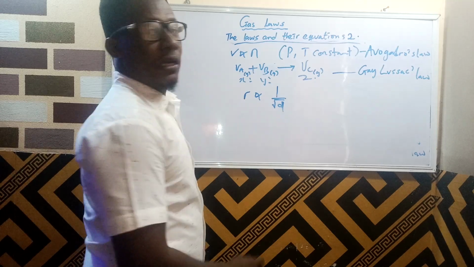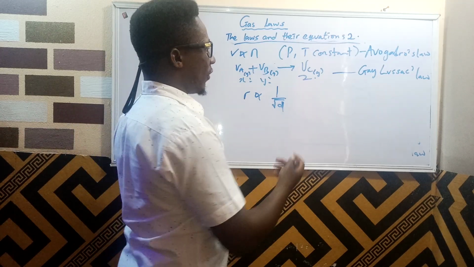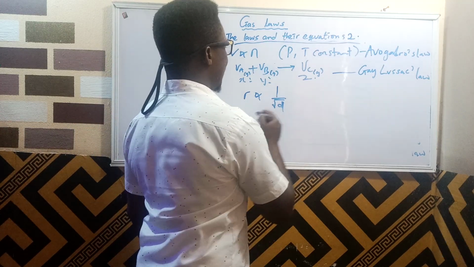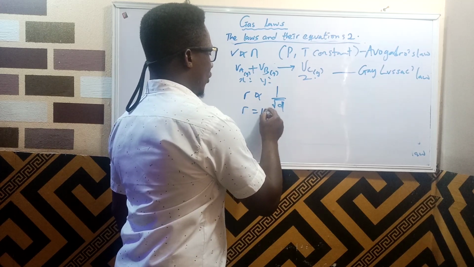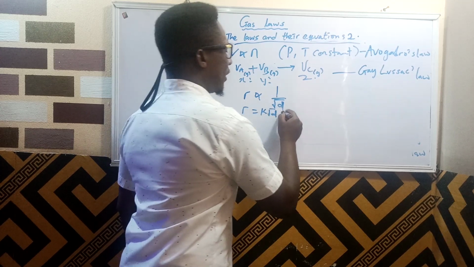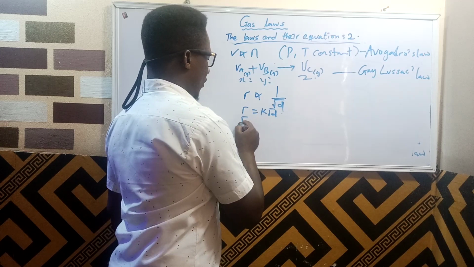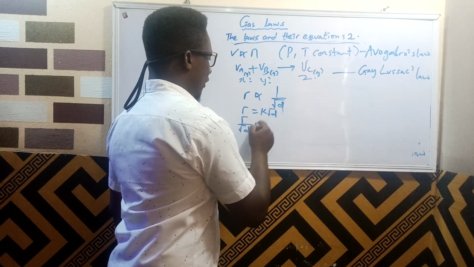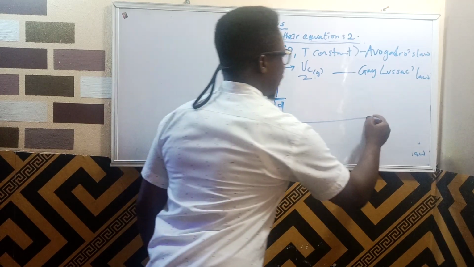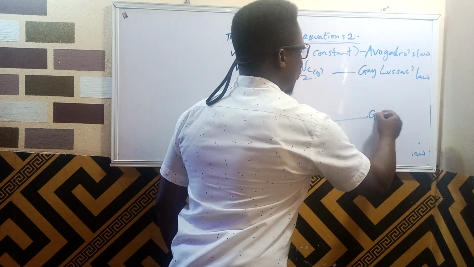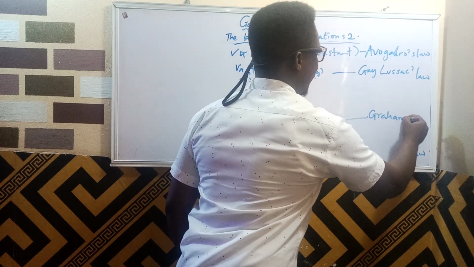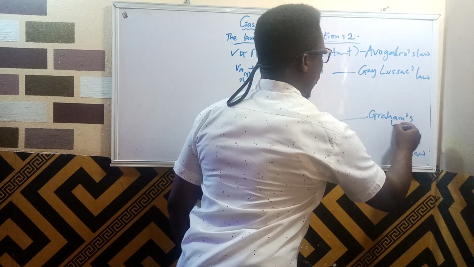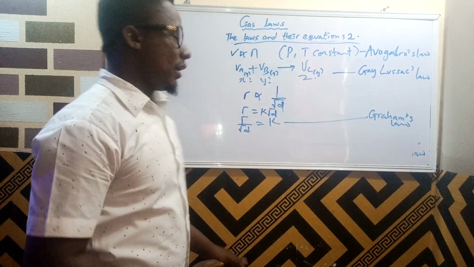Vapor density. We can take it further by saying that R is equal to K over root D, and then R times root D is equal to K. So this is Graham's law.